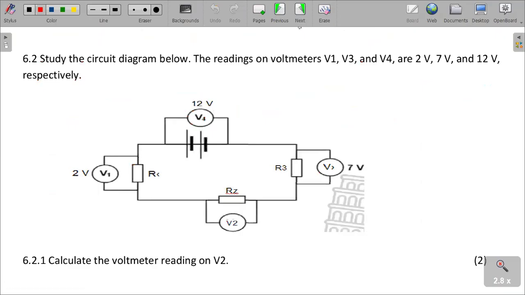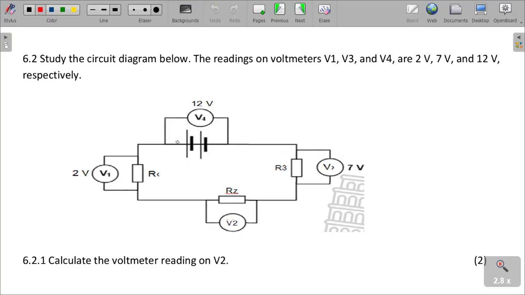Study the circuit diagram below. The readings on voltmeters V1, V3, V4 are 2 volts, 7 volts, and 12 volts respectively. So that is what we are given there.